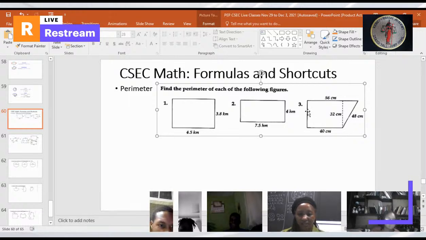All right. So what are we adding up then? We'd add 32 plus 40, which would give you 72, plus 48, plus 56. Miss, it's 208.